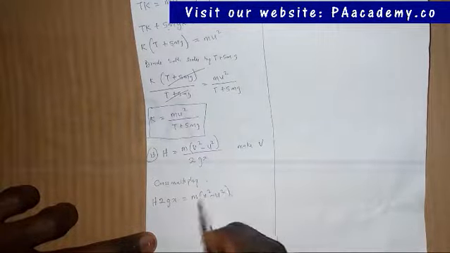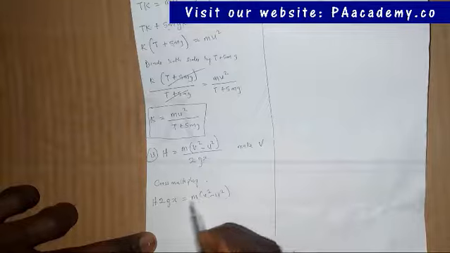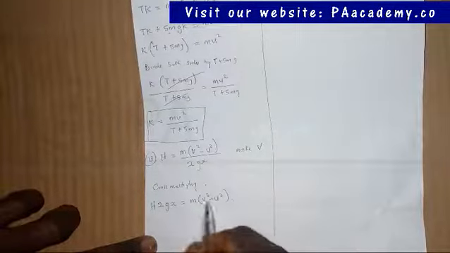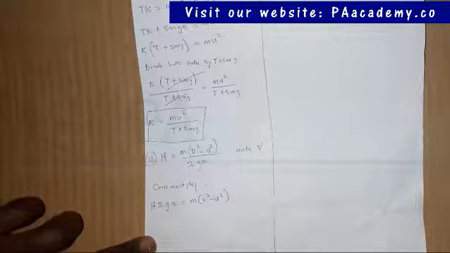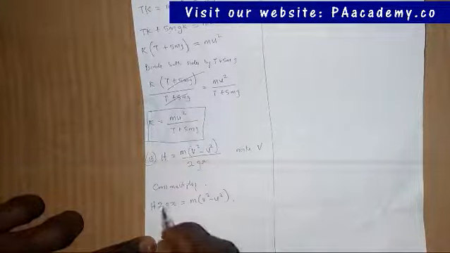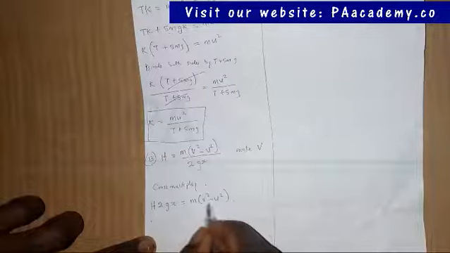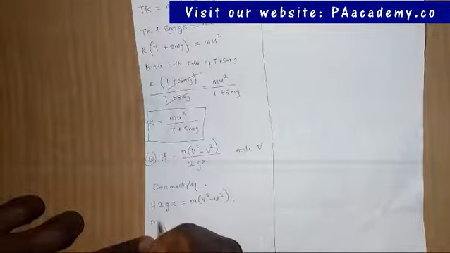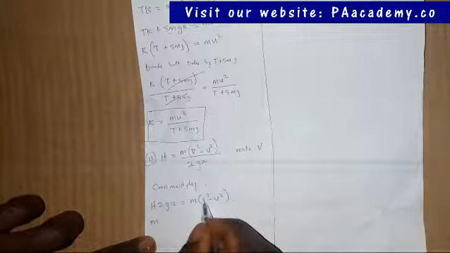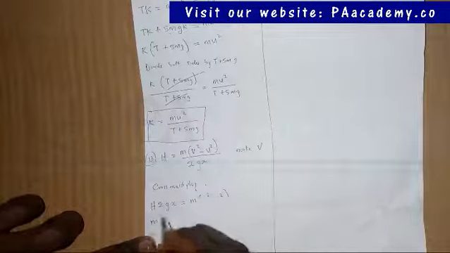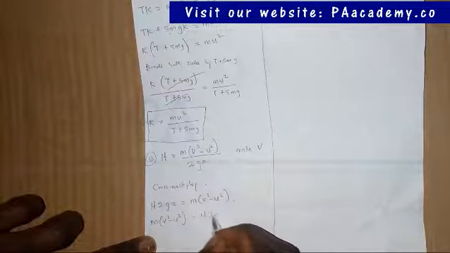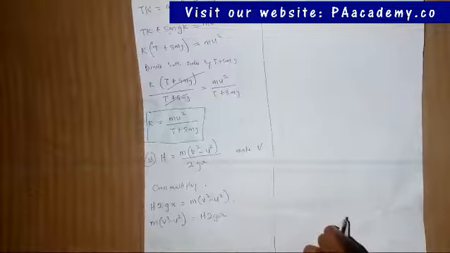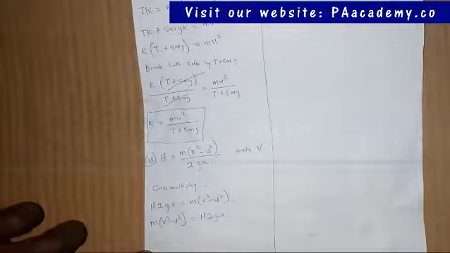There's no need to open this bracket. But I want to rewrite this with m coming first, because we are having v already on this side. So m into bracket v square minus u square is equals to h 2gx. It's still the same thing that we are having, I just turned it around.